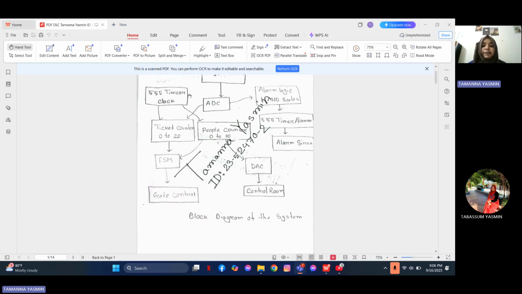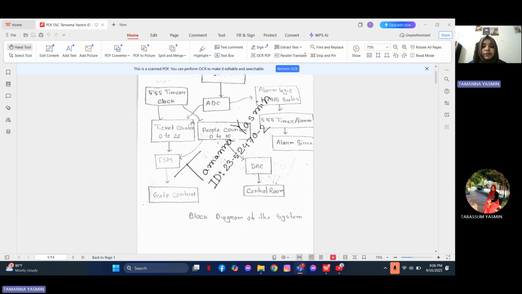And it is the primary input for the finite state machine, or FSM. The FSM is the brain of the operation. It uses the counter value to decide whether to keep the gate open or closed, transitioning between its idle, check, open and close states.